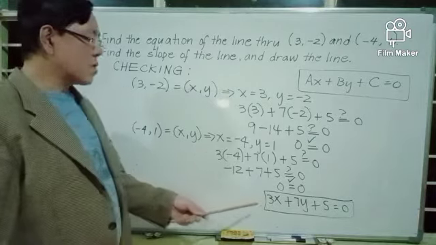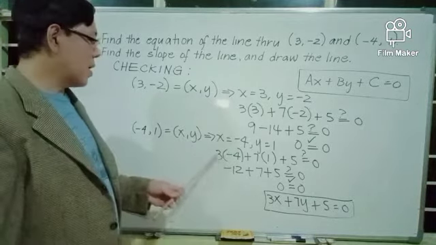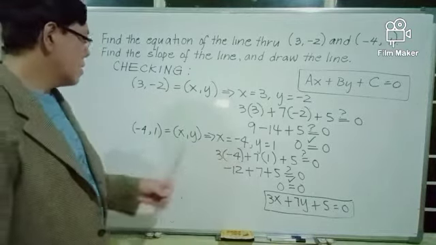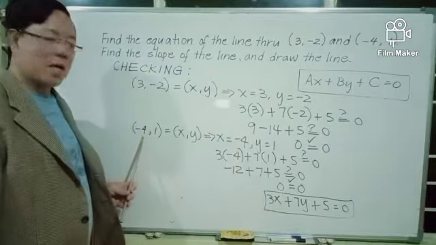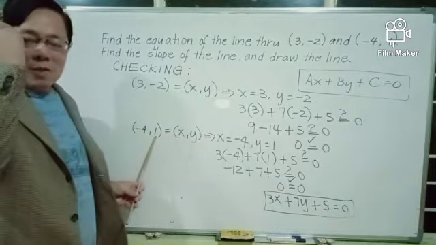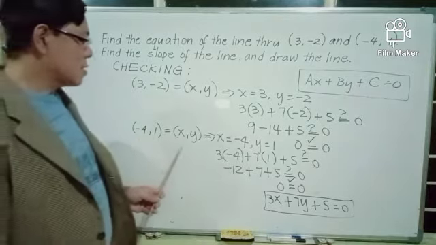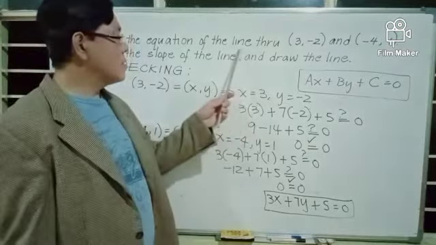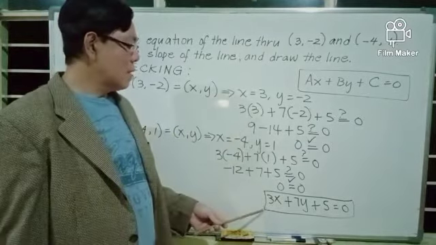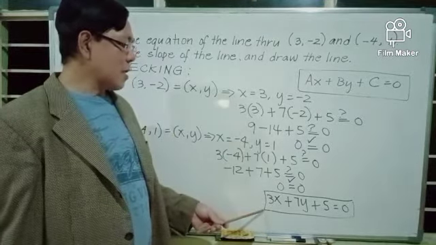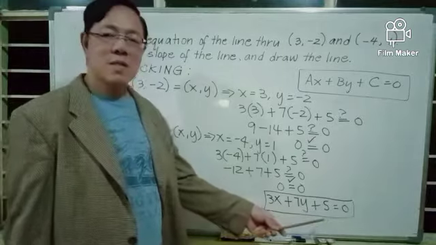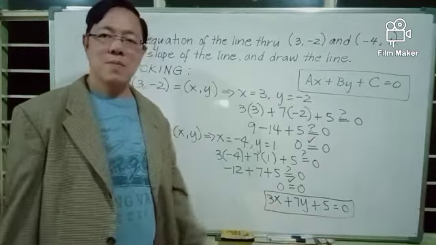Hence, the equation of the line is satisfied by the coordinates of the second point given, negative 4, 1. Thus, we conclude that this point is really on the line whose equation is 3x plus 7y plus 5 equals 0.